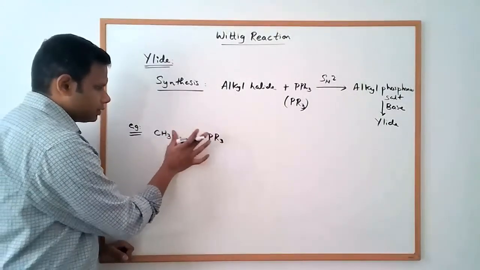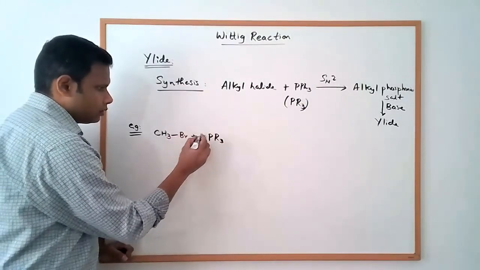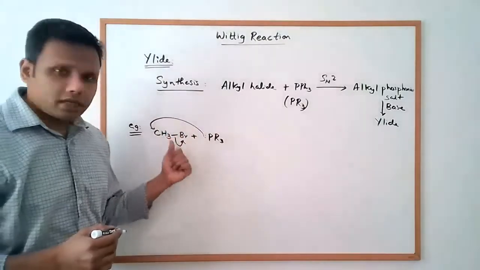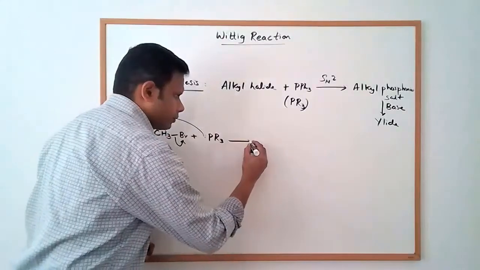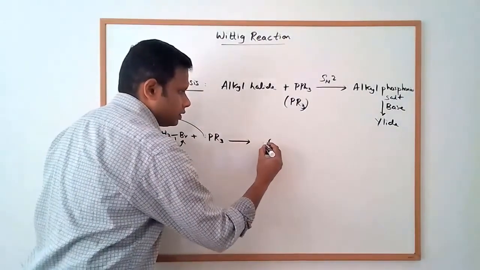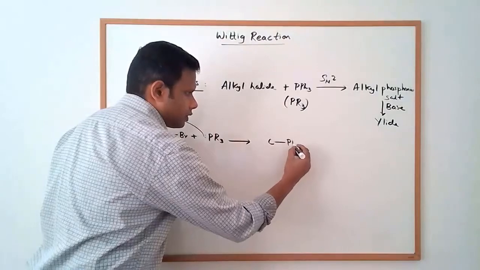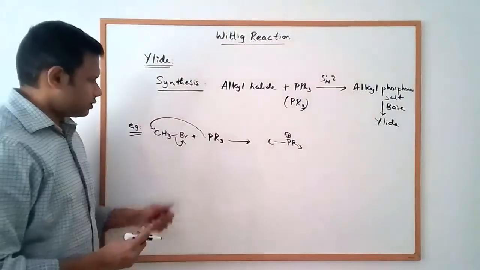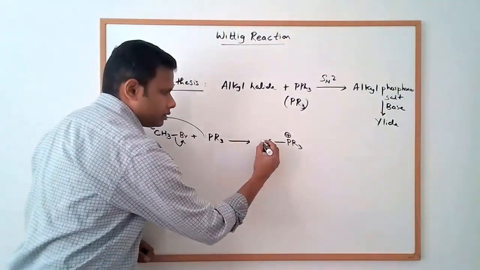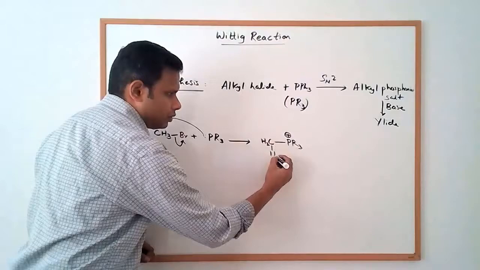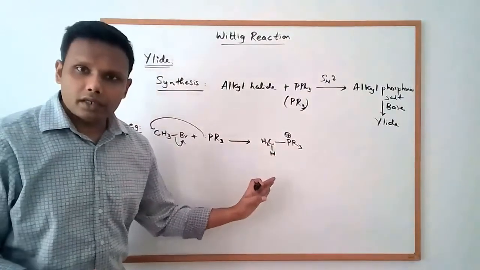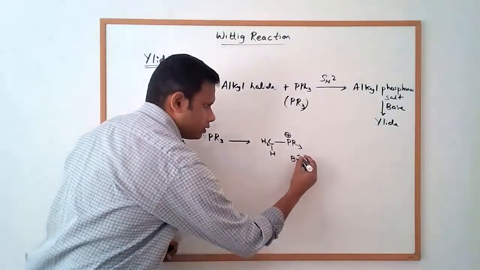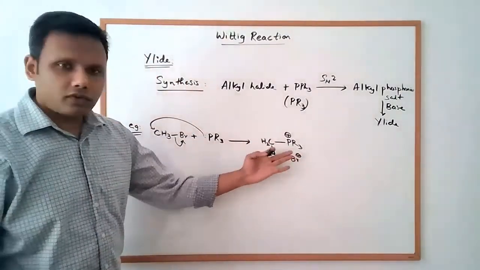The phosphine is going to react with the methyl bromide in an SN2-like manner, and it would give us a carbon-phosphine bond. The phosphorus is positively charged, and I'm going to write the methyl as CH2 with a hydrogen, so that I can show the electron push. That's what we get, along with the bromide. So that's the alkyl phosphonium salt.